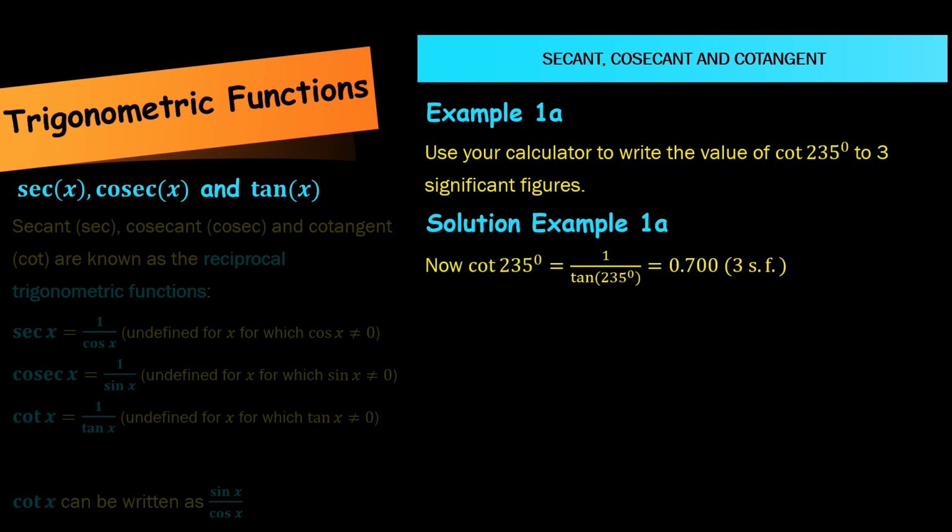Plugging tan 235 degrees into our calculator gives us that 1 over tan 235 degrees equals 0.700 to three significant figures, which is of course the value of cot 235 degrees.